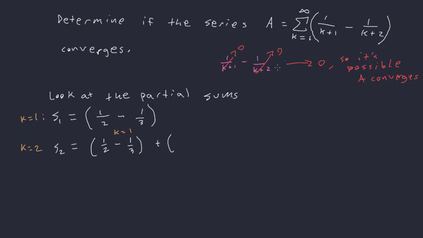So the k equals 2 term, we're going to get 1/3 minus 1/4. And this is why I didn't want to simplify this, because here we see that this cancels. The 1/3s cancel, and so we end up with 1/2 minus 1/4.